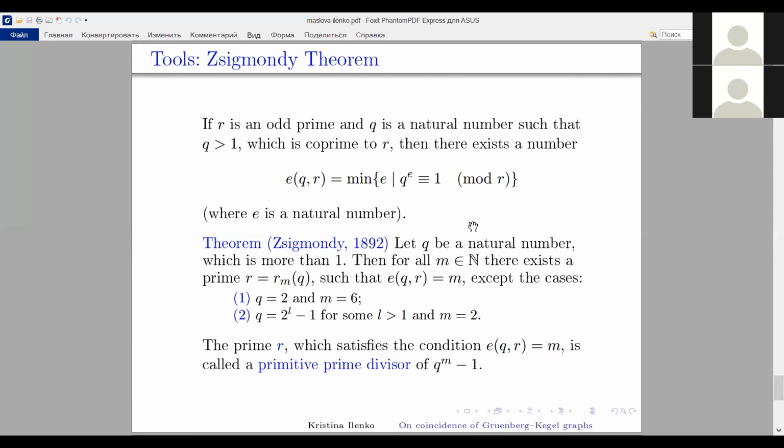So let q be a natural number, which is more than 1. Then for all natural m, there exists a prime r, denoted as on the slide, such that e(q, r) and m are equal, except for the cases on the slide.